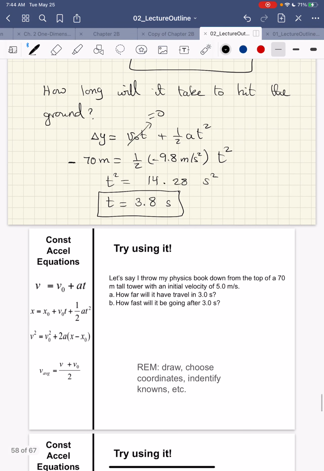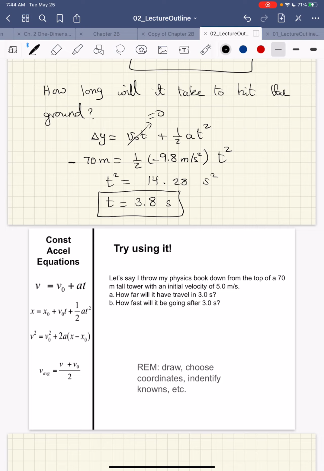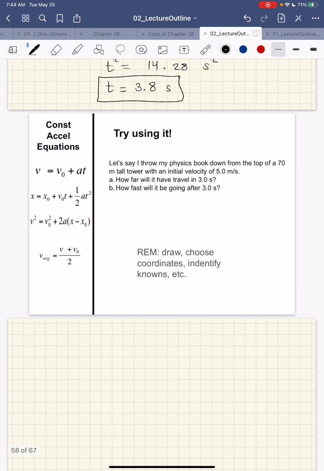Now this question here is going to be about throwing. Throwing is different from dropping. Dropping means the initial velocity is 0. Now let's say that I throw my physics book downward.